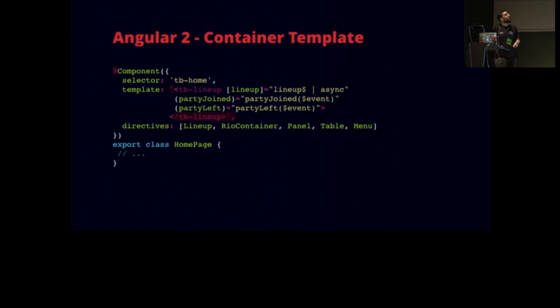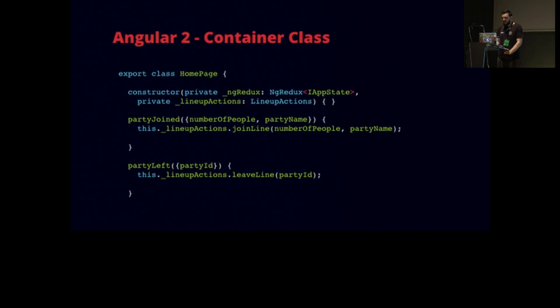The template for it is pretty straightforward. We're making use of the lineup that we had before, passing it in as the lineup property, and we're also handling the events for party joined and party left. In the backend class, we're injecting our NG Redux service, and we also have an action service that is responsible for handling our actions.